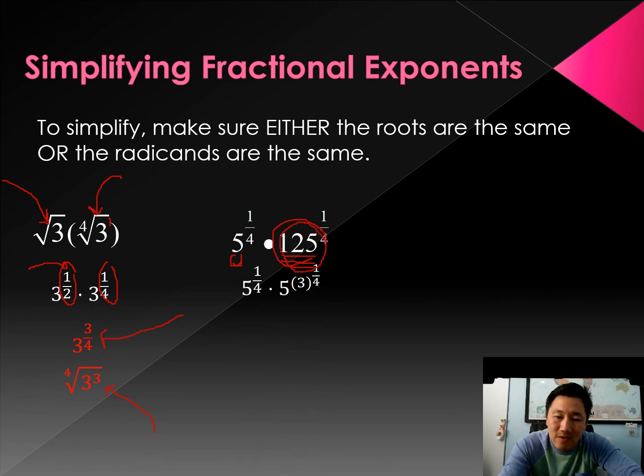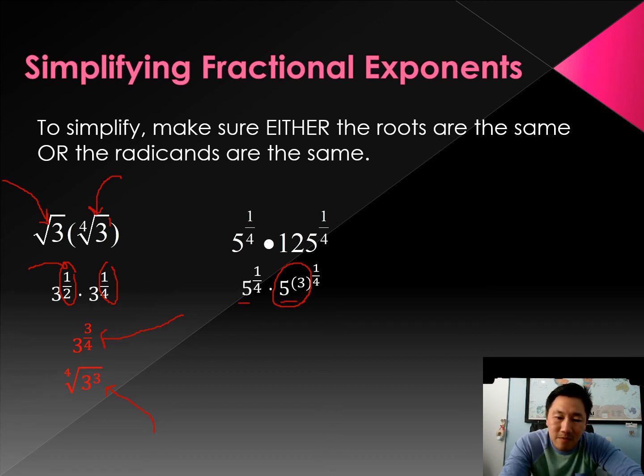It turns out that 5 times 5 times 5 is 125. So instead of writing 125, I wrote it like this. 5 to the 3rd power, it's the same thing as 125. The reason why I did that is because now we have both the bases 5.